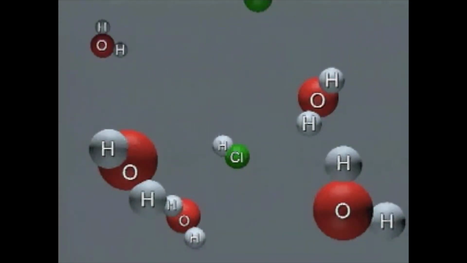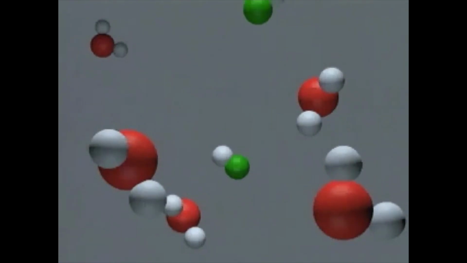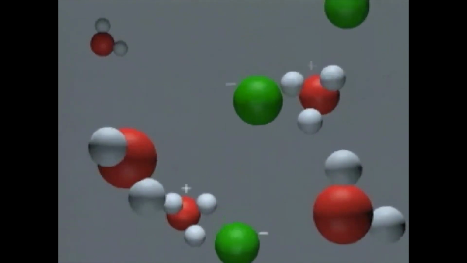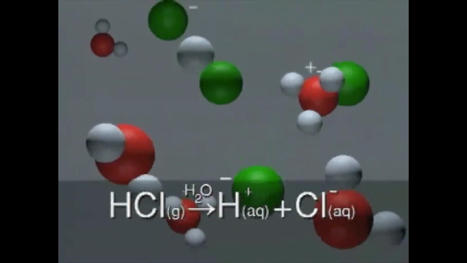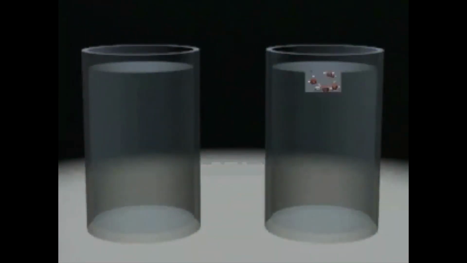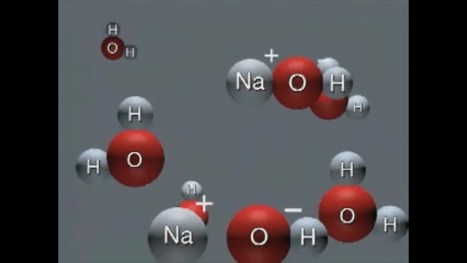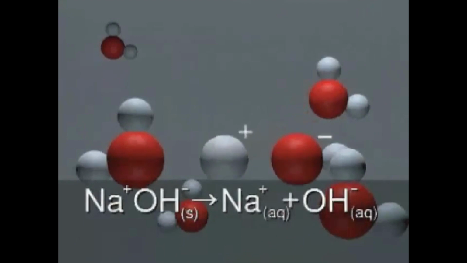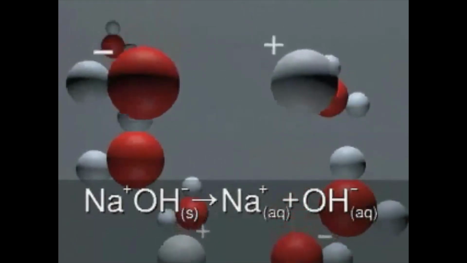Hydrochloric acid contains hydrogen ions and chloride ions in aqueous solution. Sodium hydroxide contains sodium ions and hydroxide ions in aqueous solution.